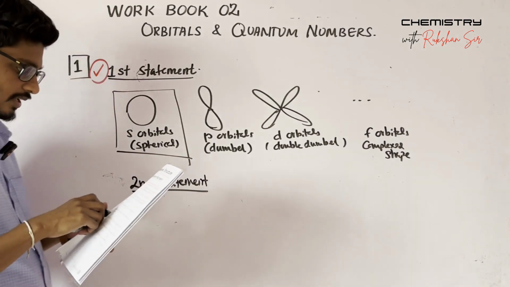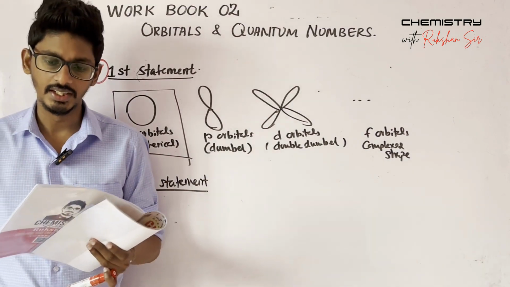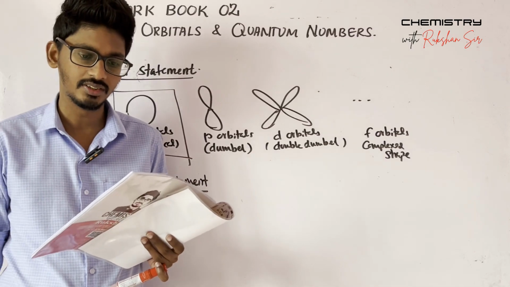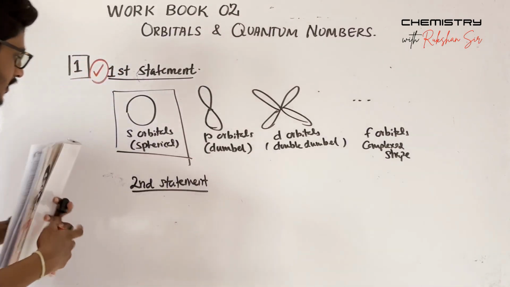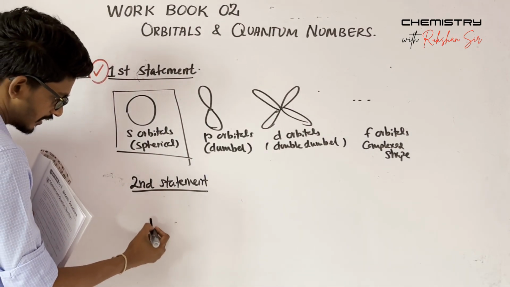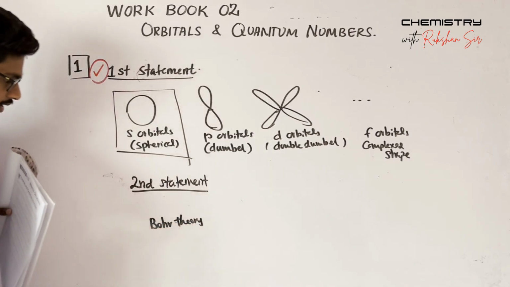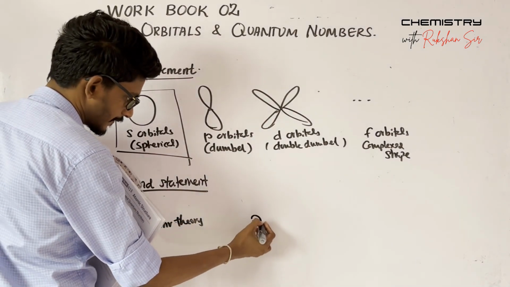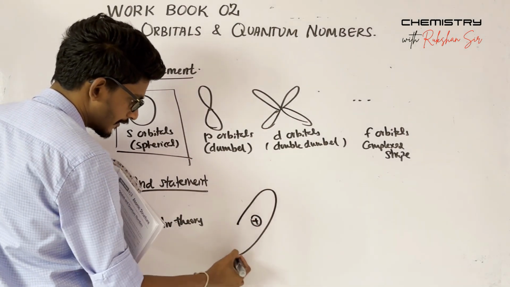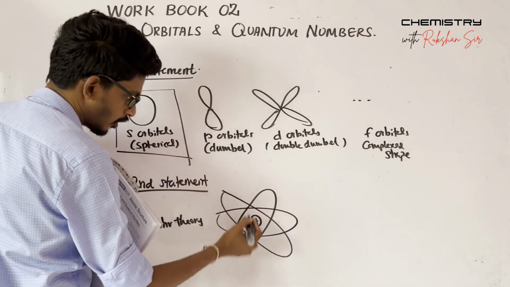It says, according to Bohr's theory, the electron in the hydrogen atom moves in a circular path. When it comes to Bohr's theory, the electrons are moving in orbits like this.